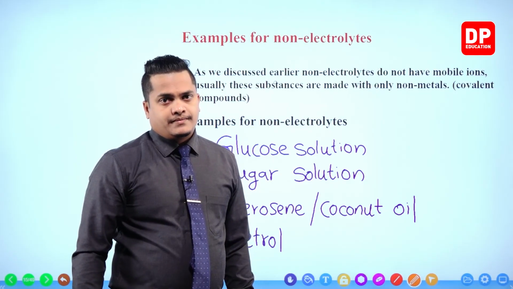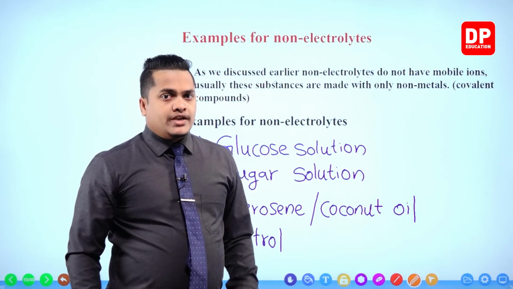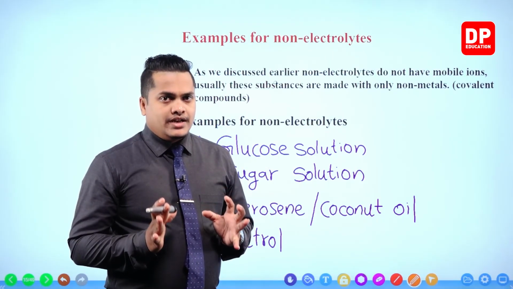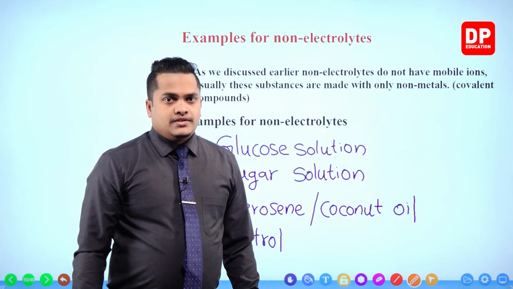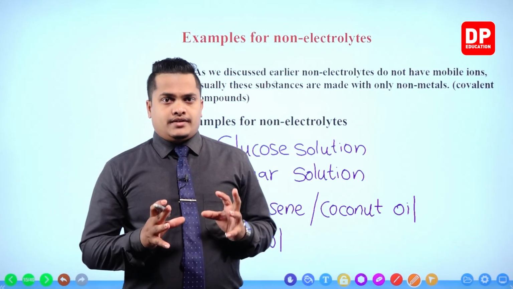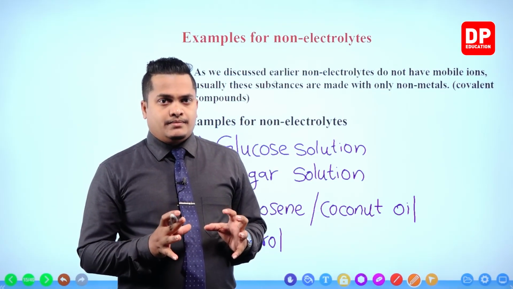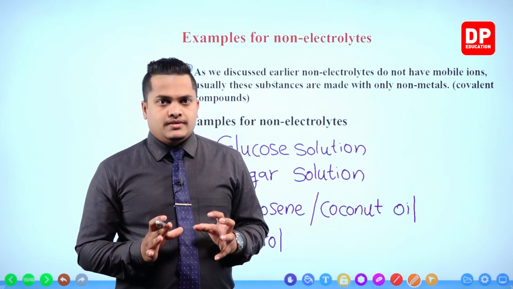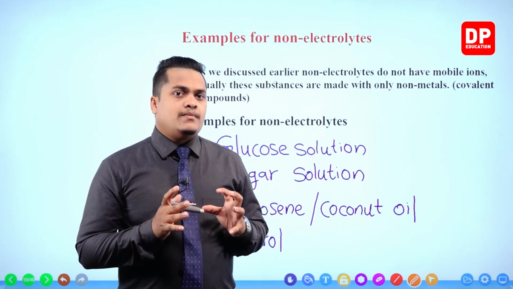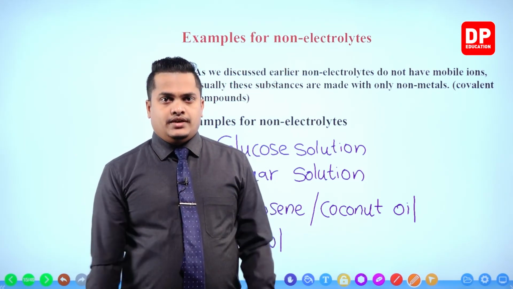So I hope that you got a good knowledge about the non-electrolytes and the electrolytes, my dear children, okay, right. Like I said in the previous chapter, I have explained the term called mobile ions, and I hope that you got the idea about the mobile ions thoroughly, right.